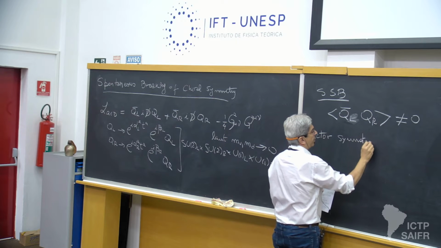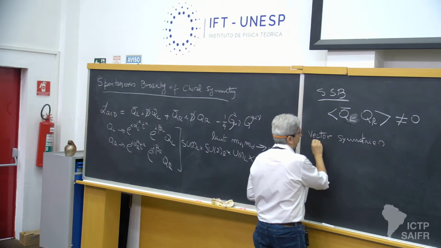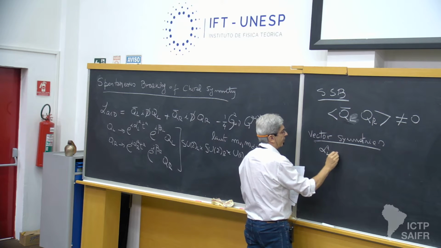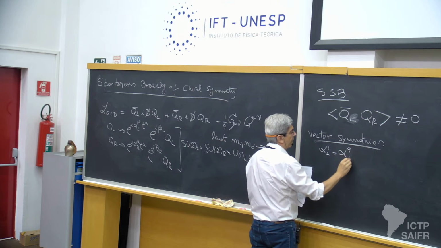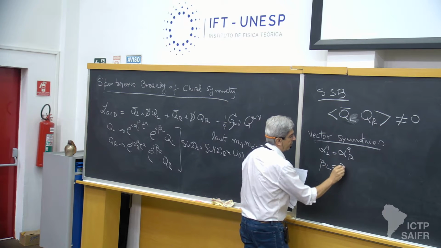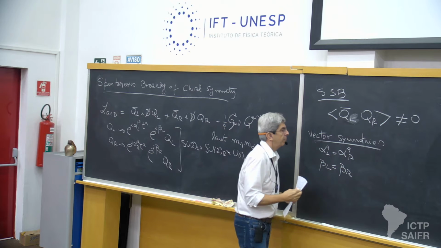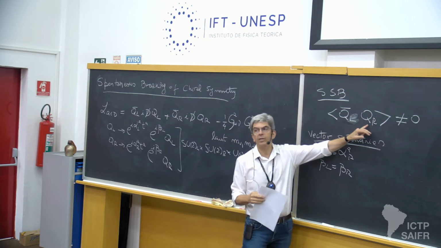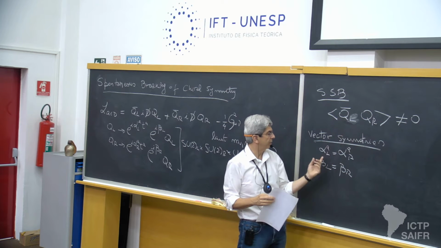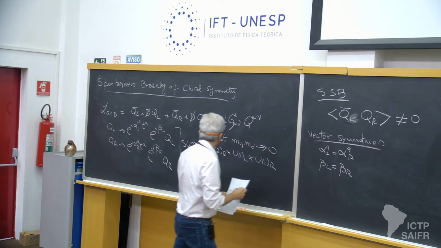The vector symmetries are conserved. For instance, if alpha left is equal to alpha right, or if beta left is equal to beta right, then this condensate will not break that symmetry, because there will be a cancellation.